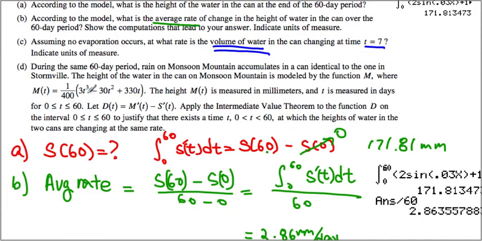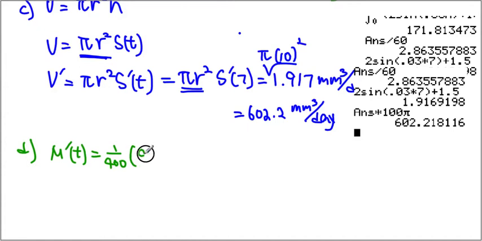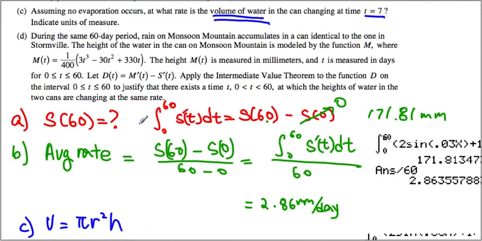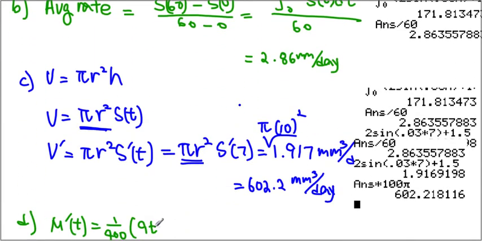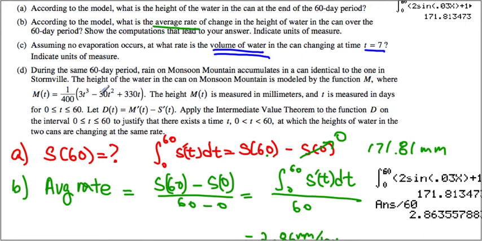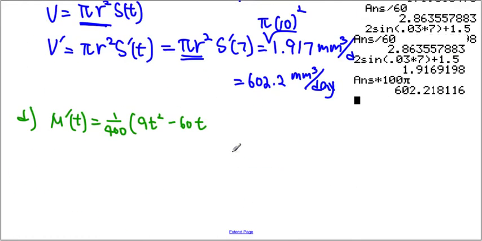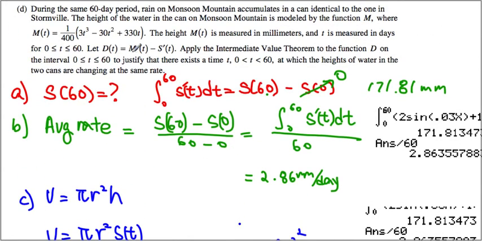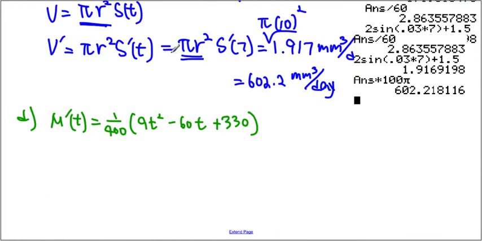So 9t squared minus 60t, I believe. 2 times 30, 60t plus 330. That's what we end up getting. Now, the expression is that expression minus the other one. So what we would like to do is this.